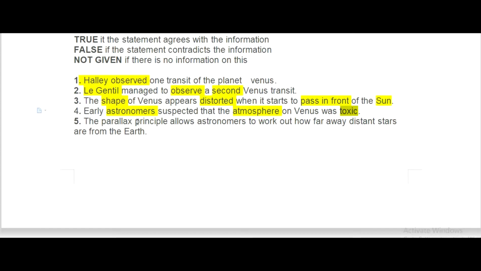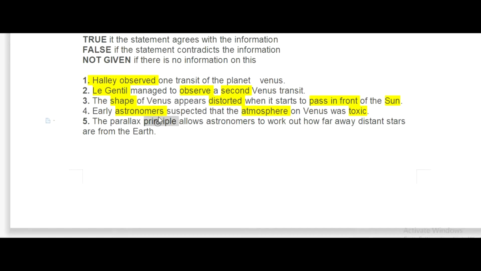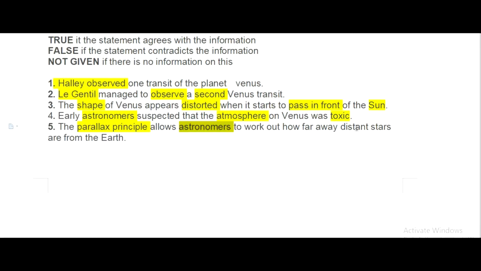And for the fifth: parallax principle, these stars or Earth. So now we have all our keywords, and guys, in number 4, toxic is our main keyword.